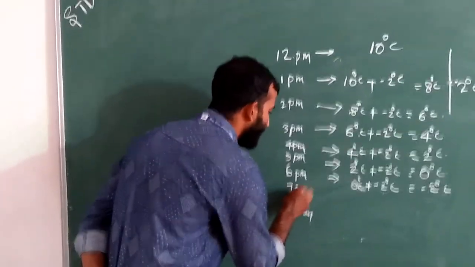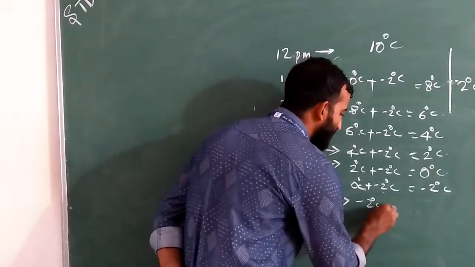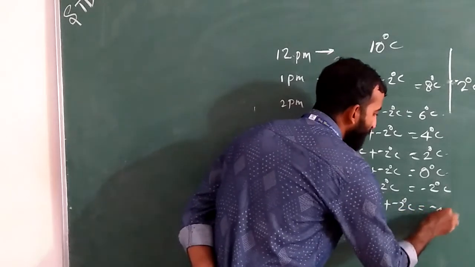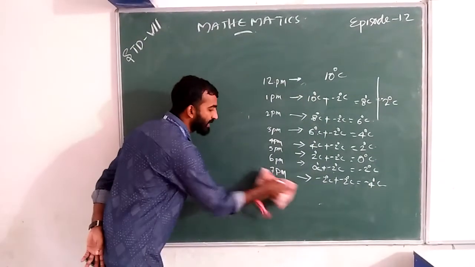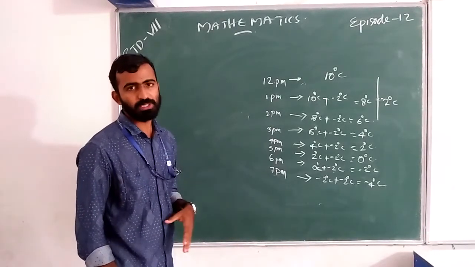And next one is 7 p.m. We get negative 2 degrees Celsius plus negative 2 degrees Celsius, we get negative 4 degrees Celsius. Continuing like this, we want to find the room temperature.